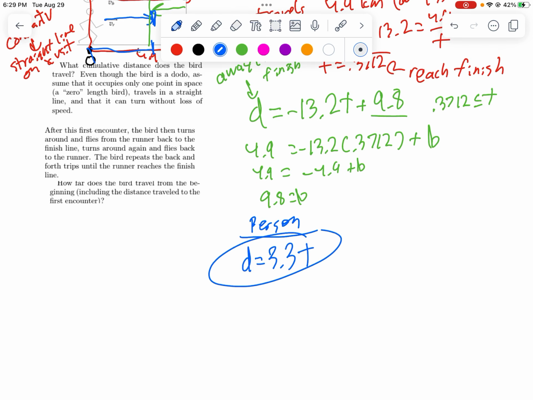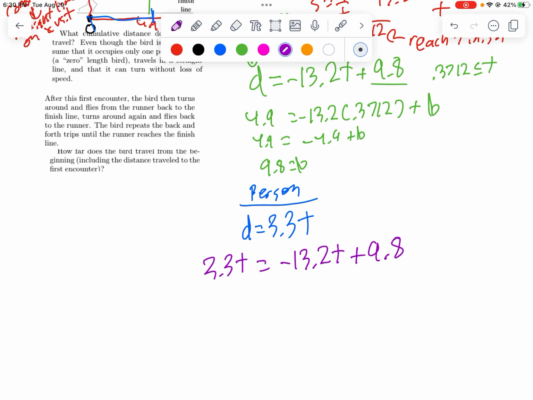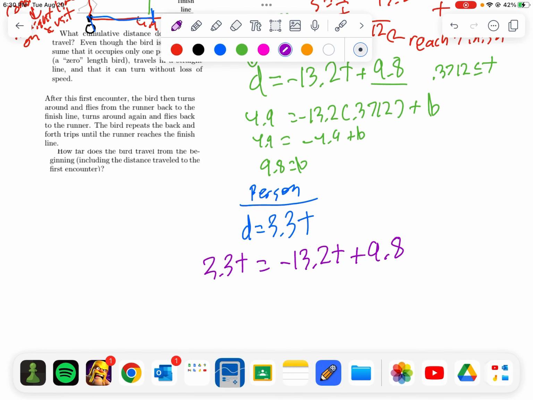So I'm going to set this equation, the blue one, equal to the green one, because they're at the same distance at the same time. So then 3.3, maybe I'll do this in purple. So 3.3 t equals negative 13.2 t plus 9.8. So I solve for t, and that's the time that they intersect.